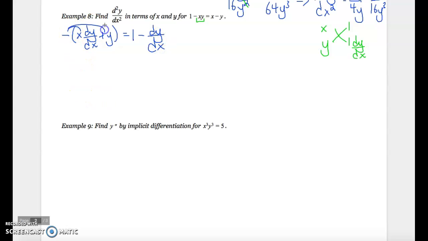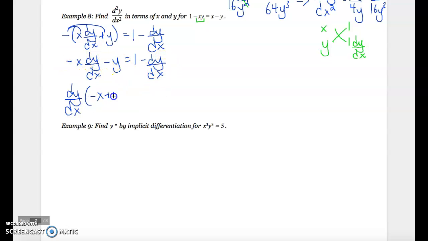Go ahead and distribute that negative. So then we'll have negative x dy dx minus y equals 1 minus dy dx. Get all my dy dx's on one side and then pull out my GCF of dy dx. Let's see if we can do that all in one step. Add that over, so it'd be negative x plus 1.